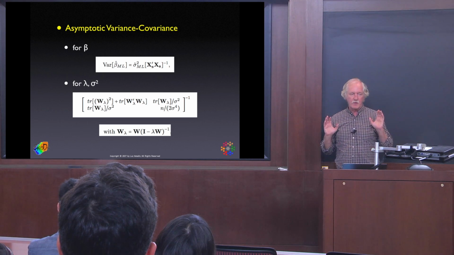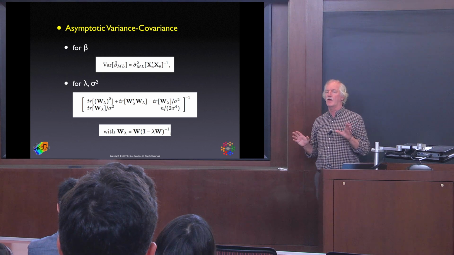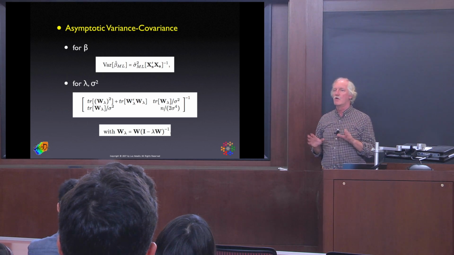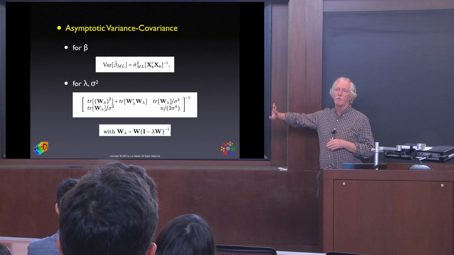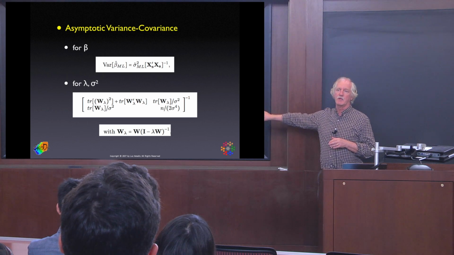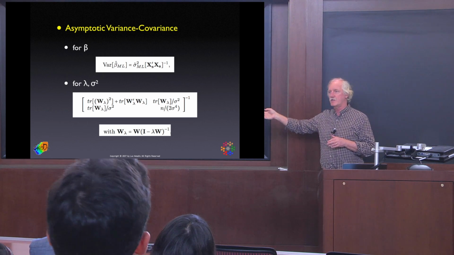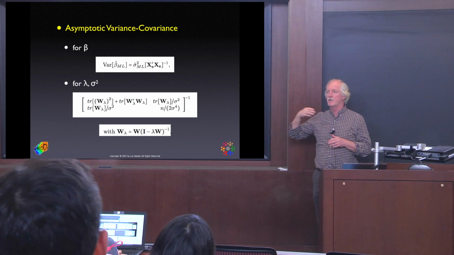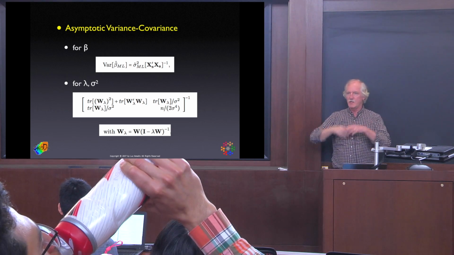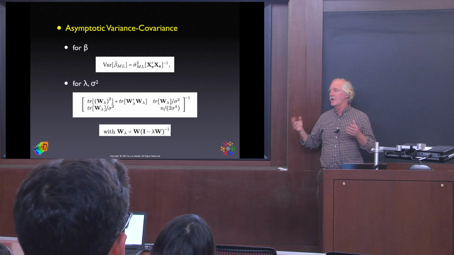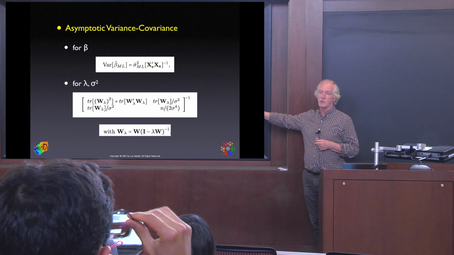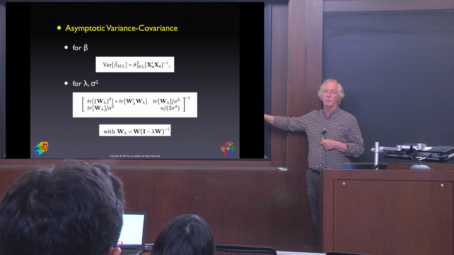So several pieces of software out there that do maximum likelihood for these models don't bother with this, because the optimization part is easy, the spatially weighted least squares part is easy, all these scale very nicely, except this does not scale very well because you have to compute this inverse.